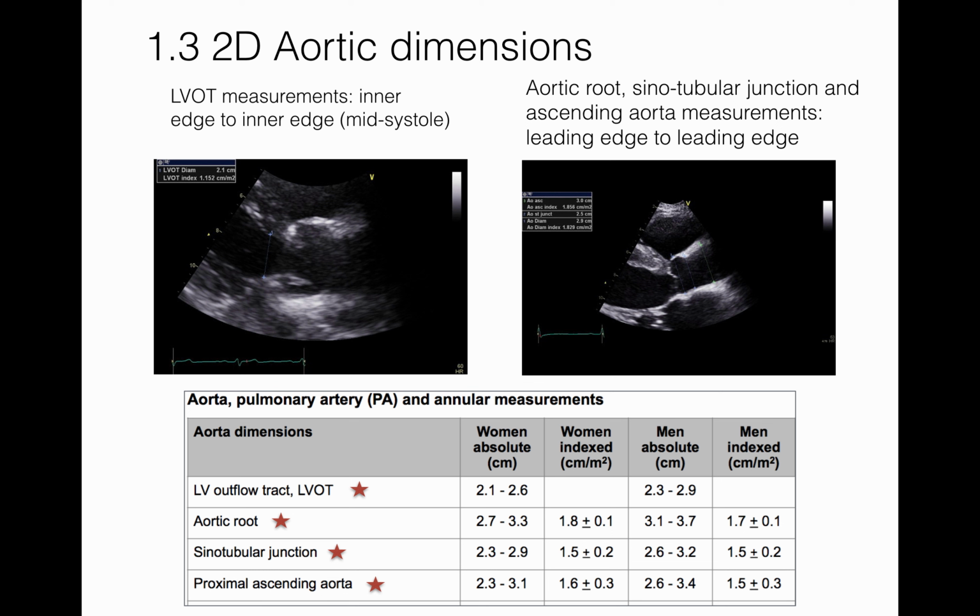Normal values, absolute and indexed, of the aortic root, sinotubular junction, and ascending aorta differ slightly between women and men, where values for men are slightly greater than the values for women.